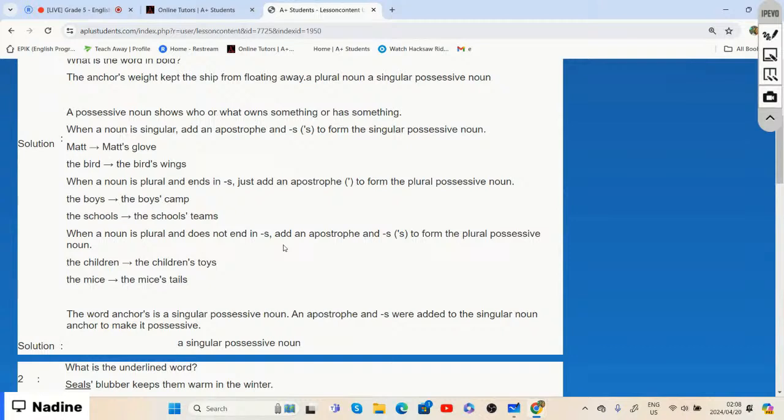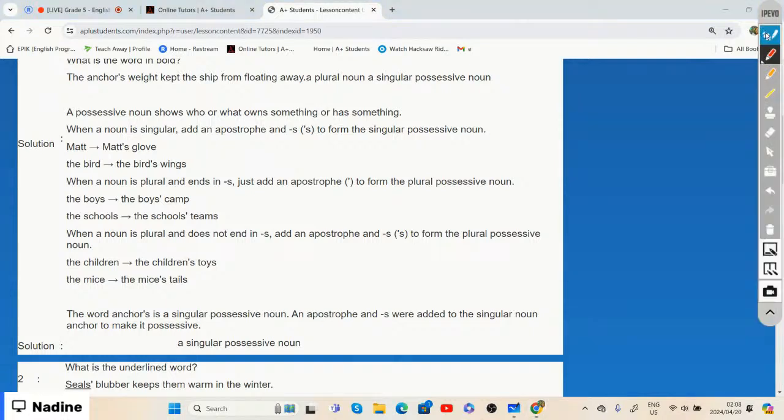For example, if we want to make mention of the glove that belongs to Matt, Matt is short for Matthew, then we can say it is Matt's glove.